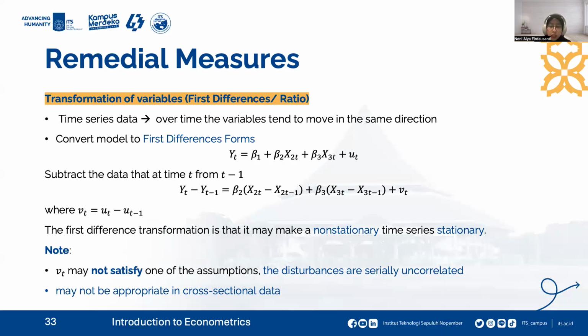However, it might lead to serial correlation, we lose one degree of freedom, and also we introduce heteroscedasticity here. So these are the consequences of doing the first difference transformation.